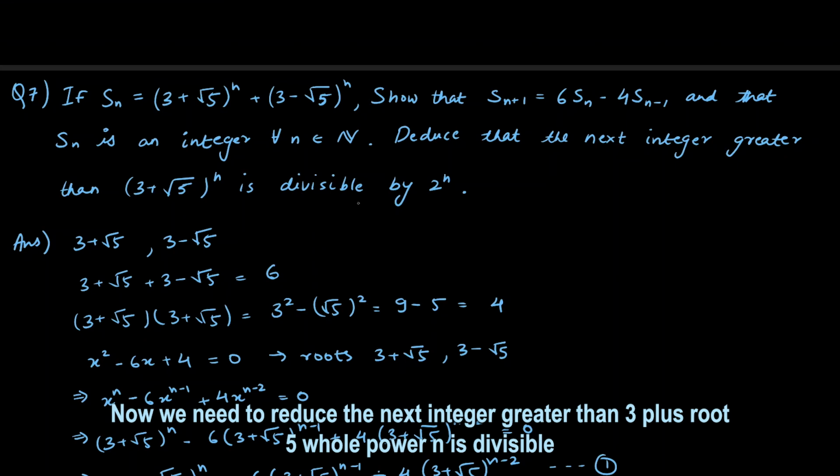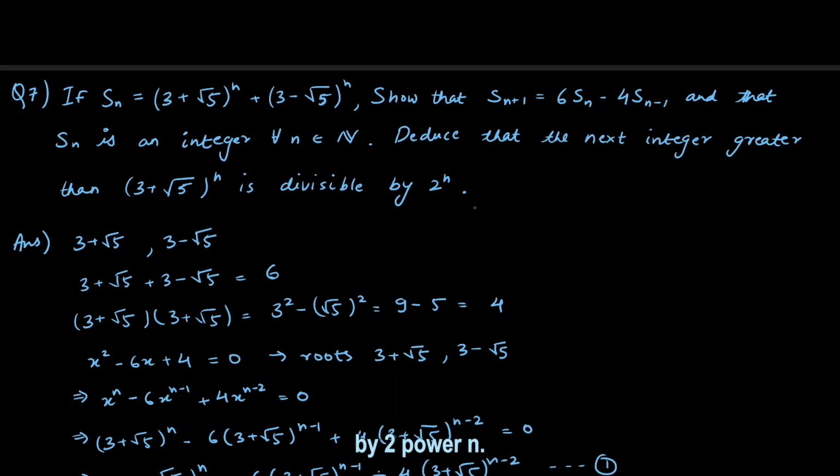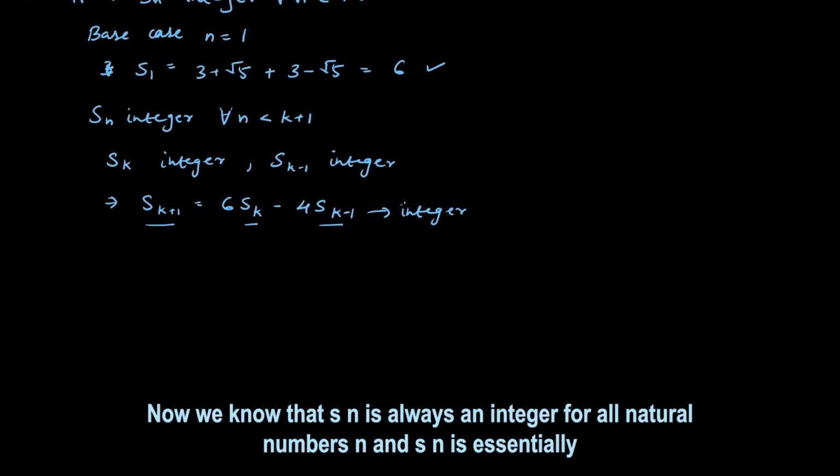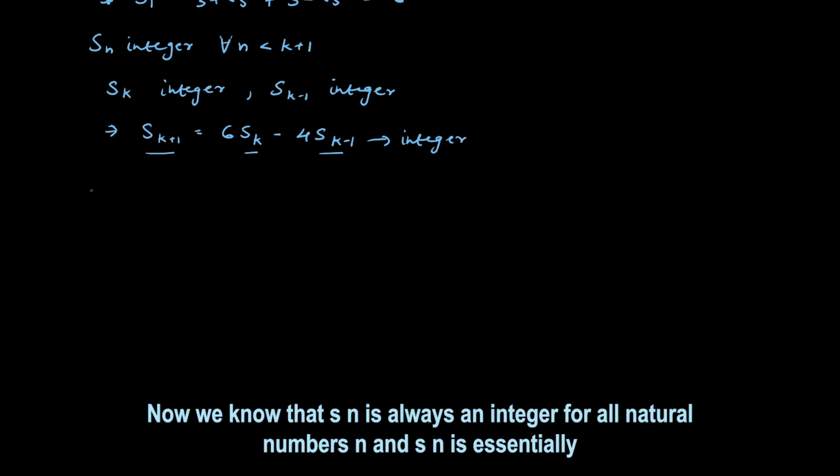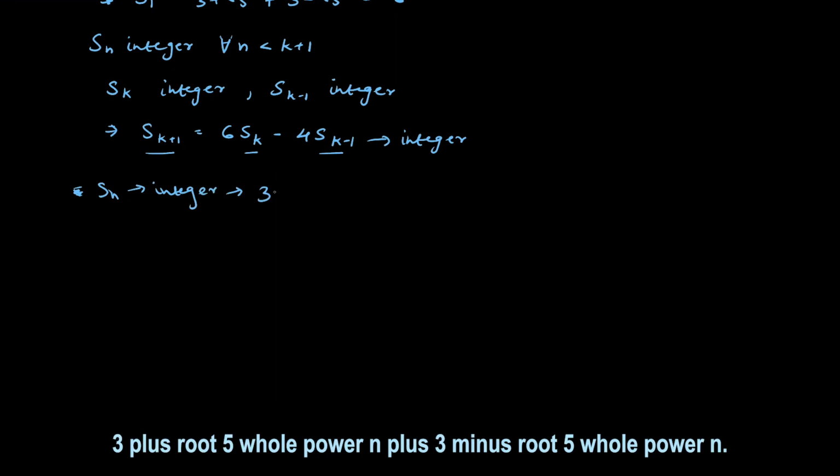Now we need to prove that the next integer greater than (3 plus root 5) whole power n is divisible by 2 power n. Now we know that Sn is always an integer for all natural numbers n. And Sn is essentially (3 plus root 5) whole power n plus (3 minus root 5) whole power n.